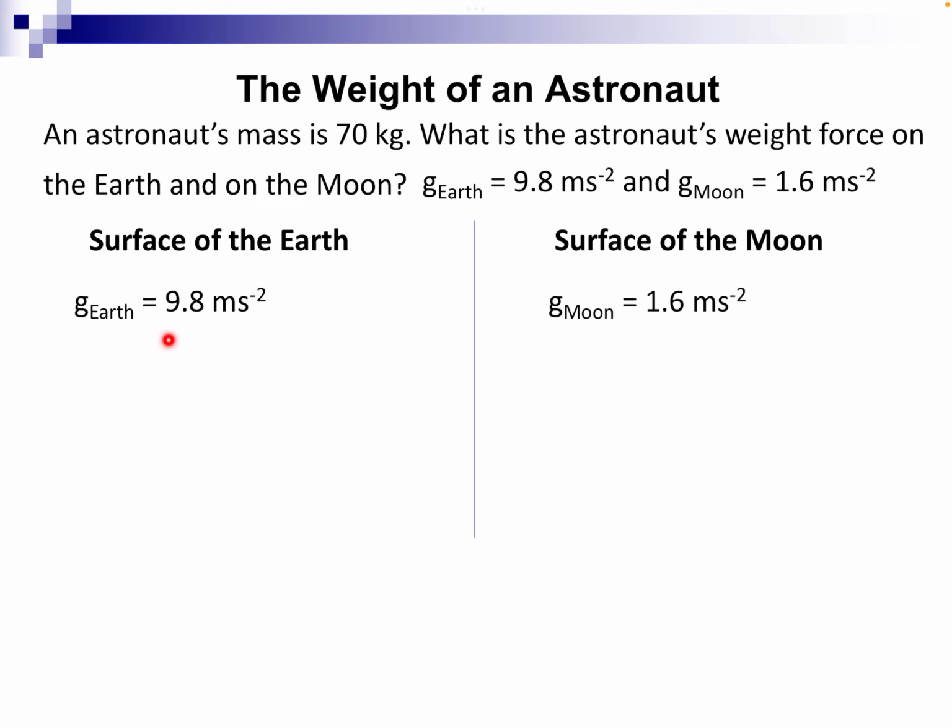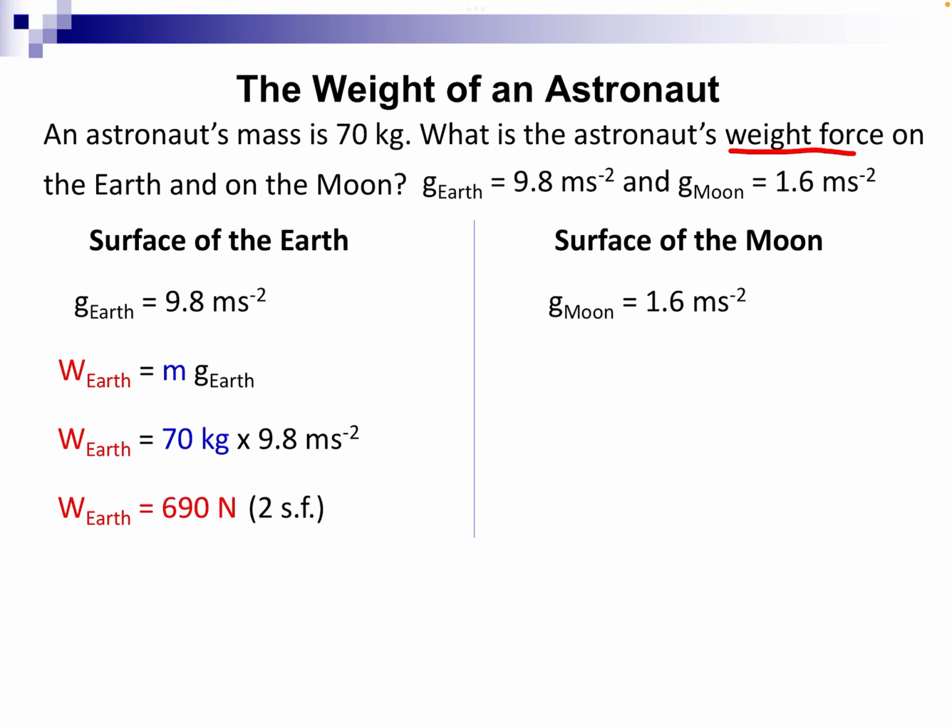The gravitational acceleration on the surface of the Earth is bigger compared to the gravitational acceleration on the surface of the Moon. So if we want to calculate the weight force on Earth, that's defined as mass times gravitational acceleration on Earth. The mass is 70 kilograms, gravitational acceleration is 9.8, giving us a weight force of 690 newtons.